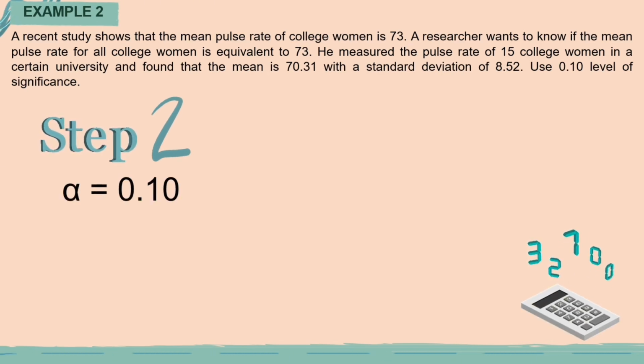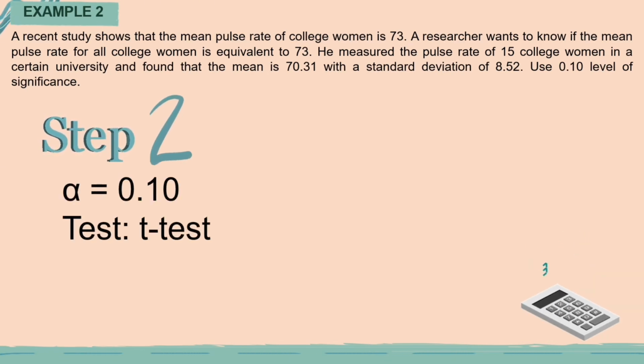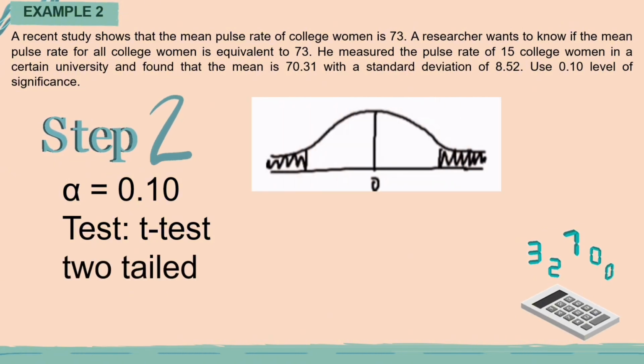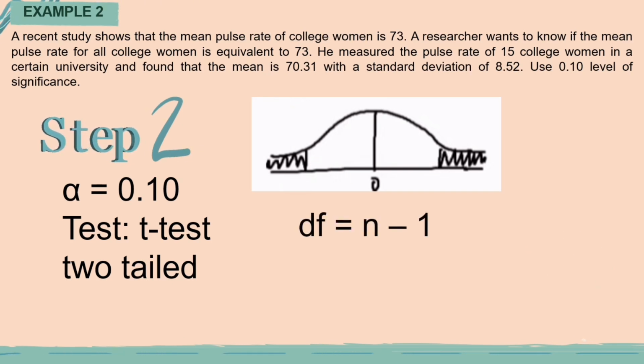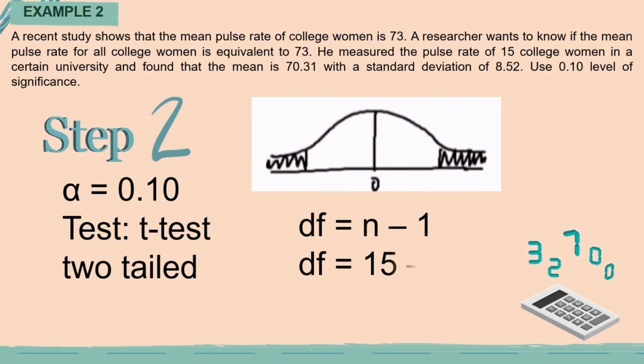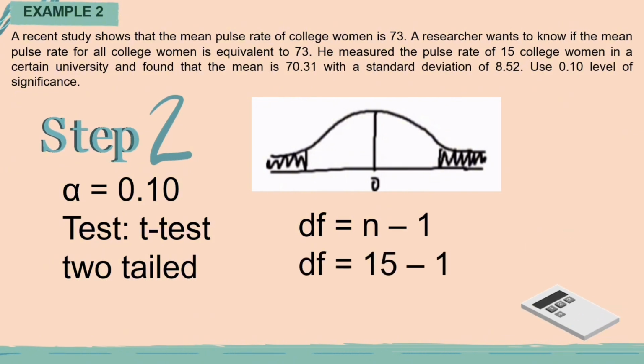Next, since our sample size is less than 30, we're going to use t-test one sample two-tailed. Next is the degree of freedom with the formula df equals n minus 1, or df equals 15 minus 1 equals 14.